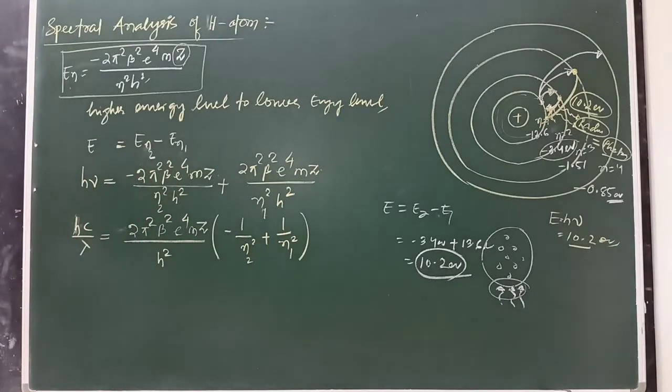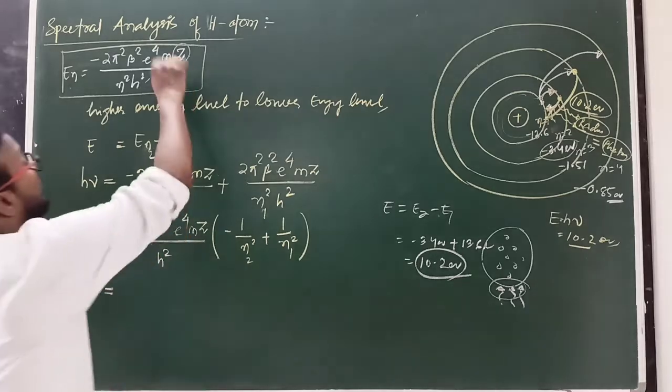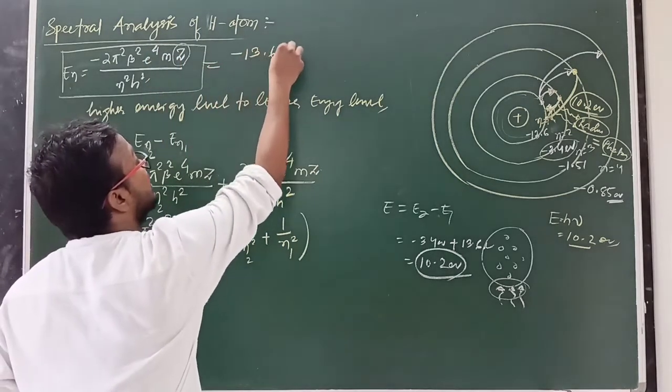Clear? And hc by lambda is equal to, as we already know this value, minus 13.6 electron volt.